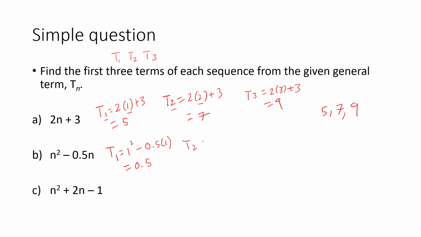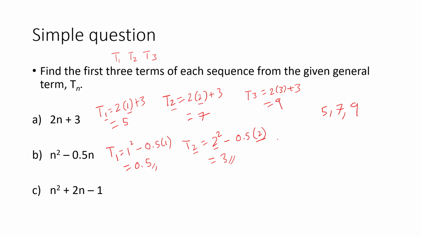Term 2 will be equals to 2 squared. The 2 comes from here. Minus 0.5 times 2. The 2 comes from there. So I will have 4 minus 1, then I will get 3.